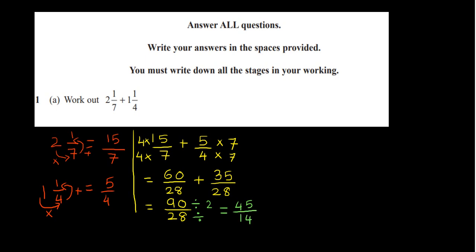Now my answer is an improper fraction. So in order to convert an improper fraction into a mixed number, I'm going to divide the 45 by the 14.